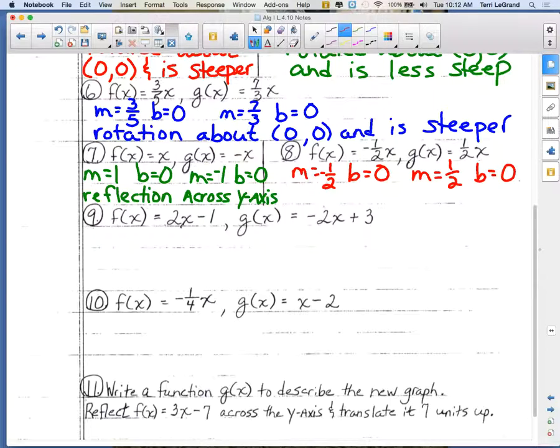And does this one have a positive 1/2 slope? So it went from here to there. Is negative 1/2 times negative 1, 1/2? So this is a reflection again across the y-axis.